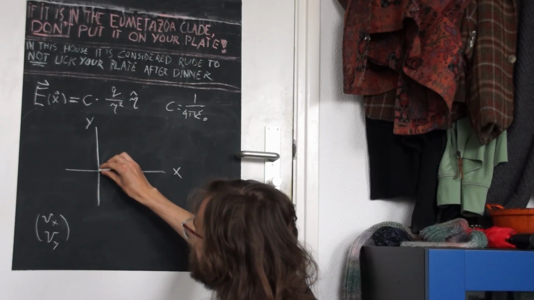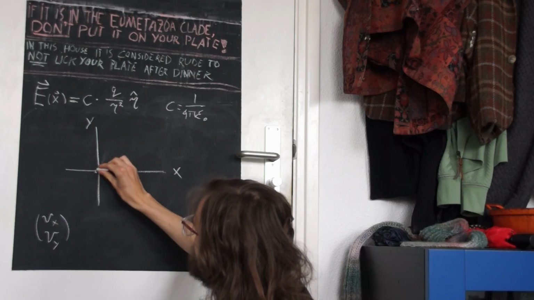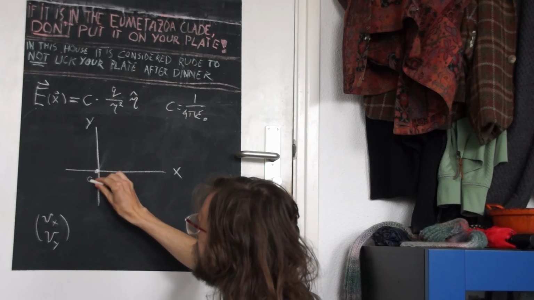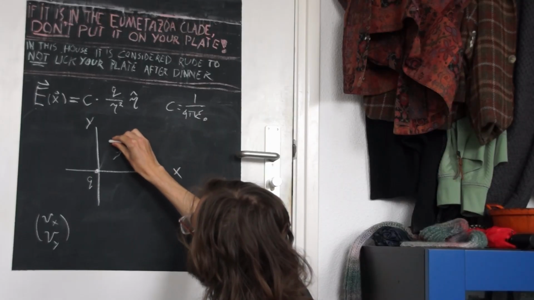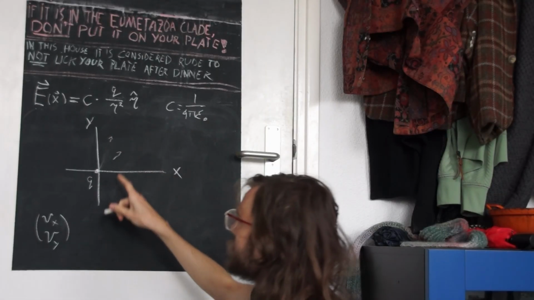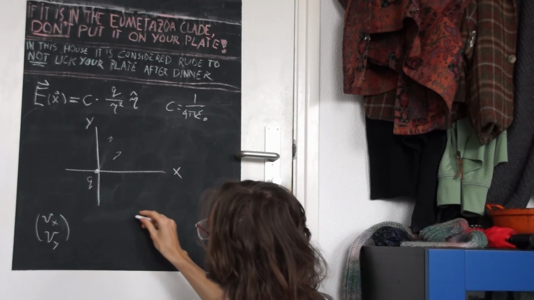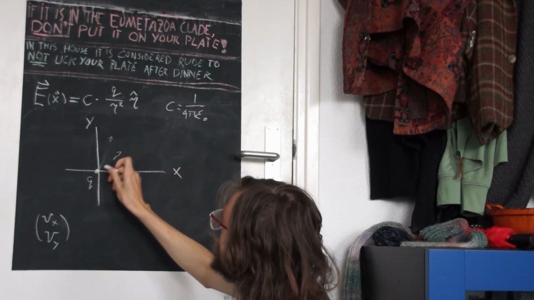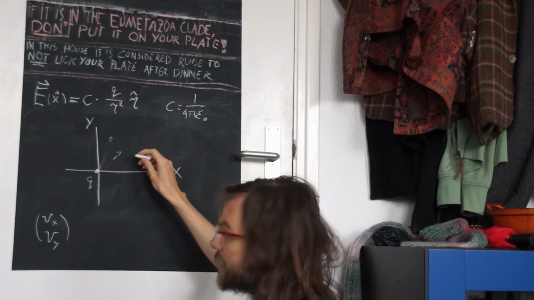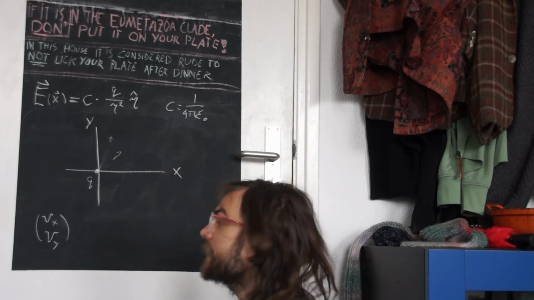If we have a charge with charge q at the center of our xy plane, then our electric field will point away from this charge and will get progressively weaker. The strength of our field will be, of course, 1 over r squared, where r is this distance, and this distance can be calculated using Pythagoras.